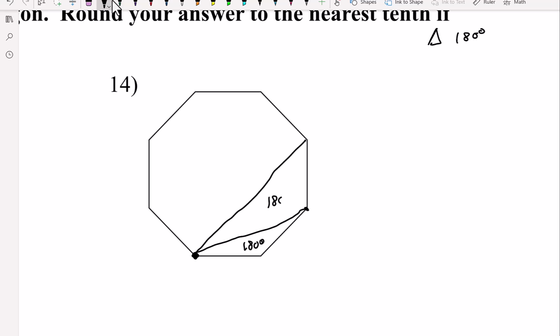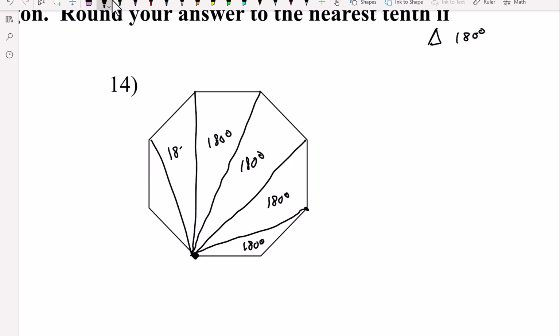So there's another 180 degrees. Another 180 degrees. Another 180 degrees. Well, that's 1, 2, 3, 4, 5, 6. That's 6 of those 180 degrees.